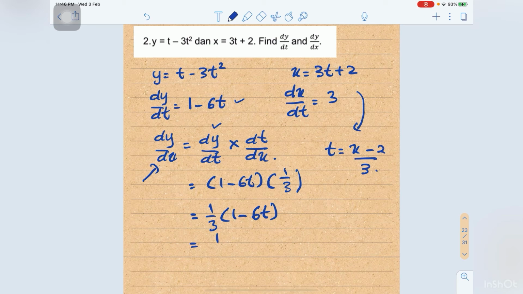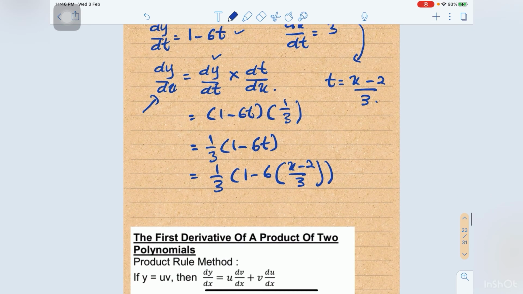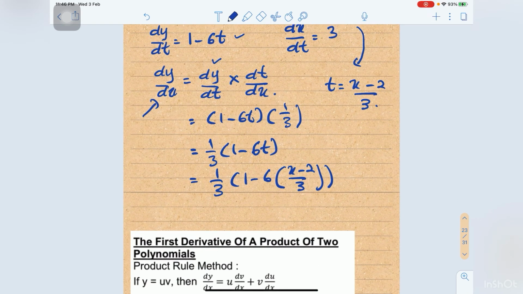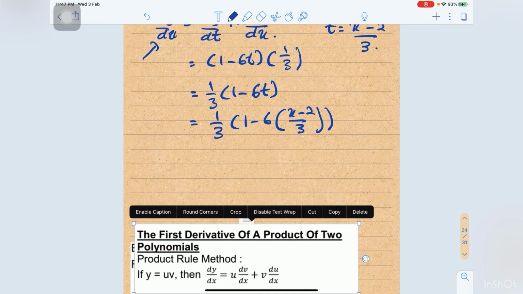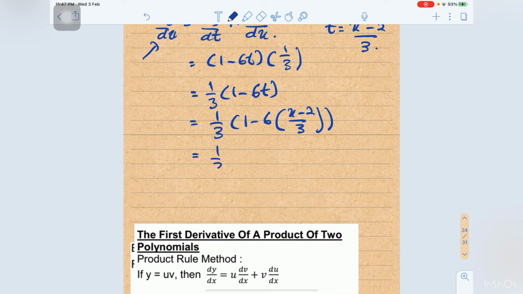So this one, 1/3 times (1 minus 6 times (x minus 2)/3). Then we just simplify this question. Here we have 1/3 times (1 minus 2x plus 4). We get 1/3 times (5 minus 2x).